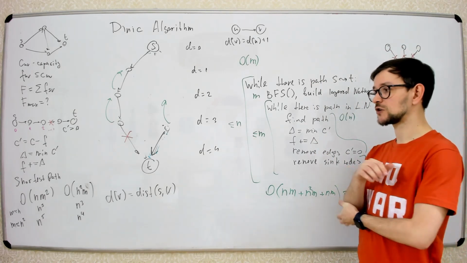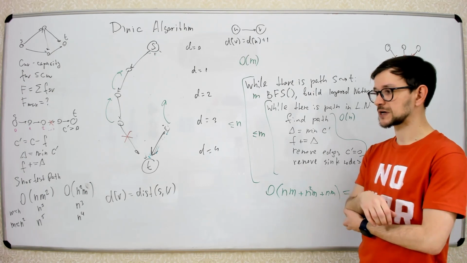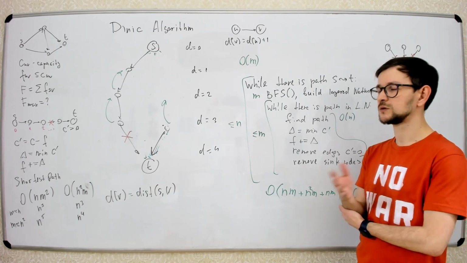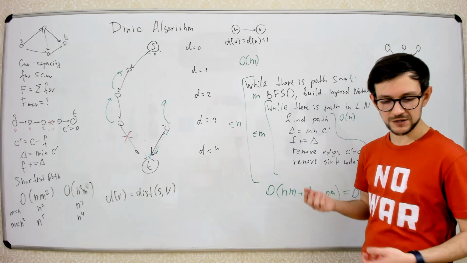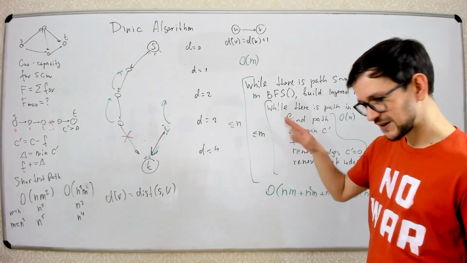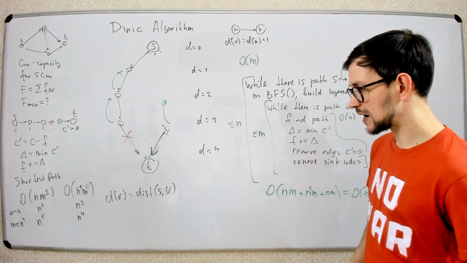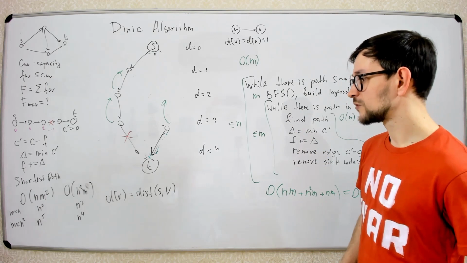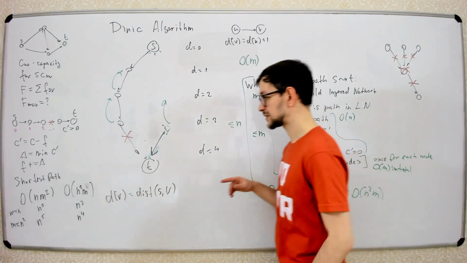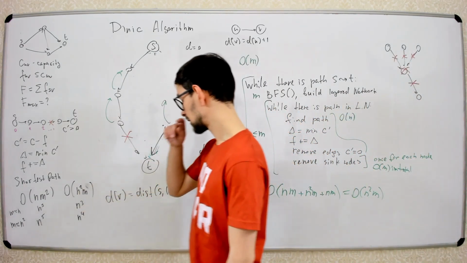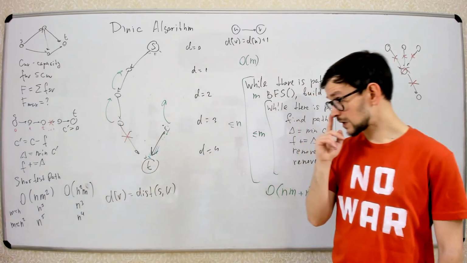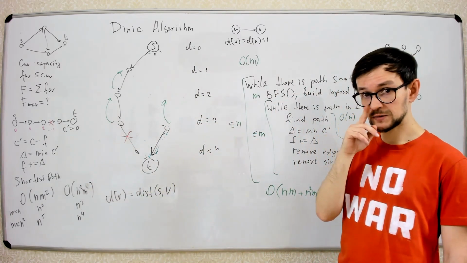I'll just remind you that in the previous lecture we discussed almost the best known algorithm. There are slight deviations, but one of the best known algorithms works in time nm. So it's not optimal by now, but it's pretty close.